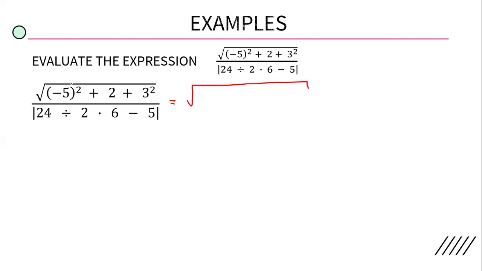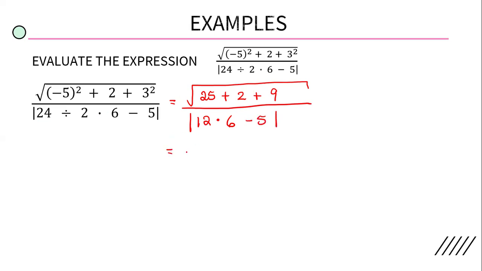It deals with the negative, so it's negative 5 times negative 5, giving us positive 25 plus 2 plus 3 squared. 3 squared is 3 times 3, which is 9, divided by the absolute value, 24 divided by 2, giving us 12 times 6. Because we have division and multiplication, we must go left to right, subtracting 5.